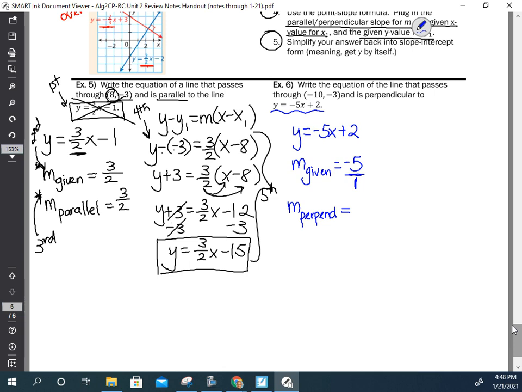So you make the negative positive, and you take 5 over 1 and you make it 1 over 5. Opposite reciprocal. So we've taken care of the first 3 steps. Now we use the perpendicular slope and the point that they gave us to finish this problem off.